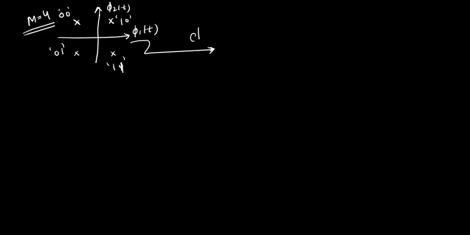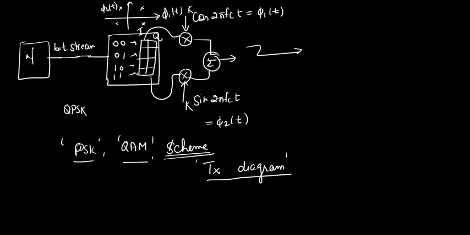This is called the geometrical representation of your signal, or constellation diagram. So just by looking at the constellation diagram, this is the way to generate your transmit signal.